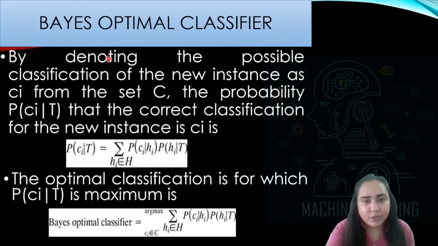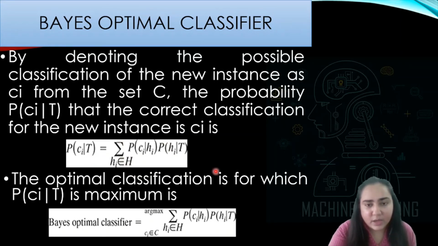So if you do that by denoting the possible classification of the new instance as Ci from the set C, the probability of Ci given T, which is the correct classification, will be this. Okay, this is not very hard to understand. We already saw this formula. And the optimal classification will be this, where we've just introduced a value called argmax. Okay, this is the Bayes optimal classifier.